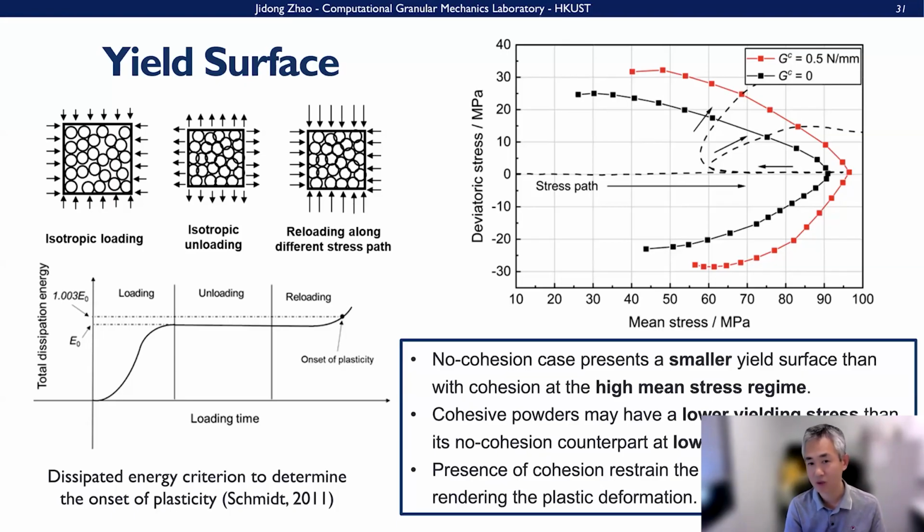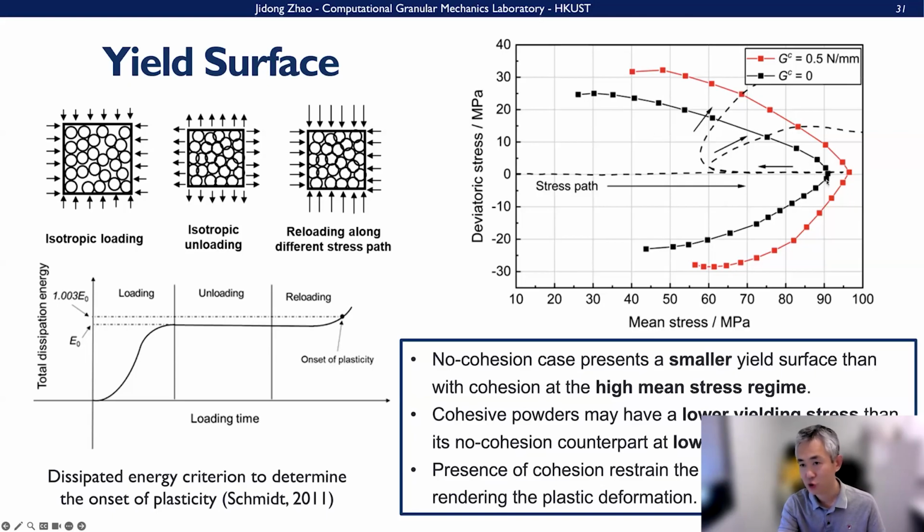And with the different loading paths, when we observe yielding, we observe this onset of plasticity, and then we record that point as the yielding point here. Okay, so this is what we do here. We do stress path, do isotropic compression. This is the mean stress, this is deviatoric stress, and then we isotropically compress it, and then at a certain point, this is isotropic yielding here, and then we do unloading and we explore different curves here.